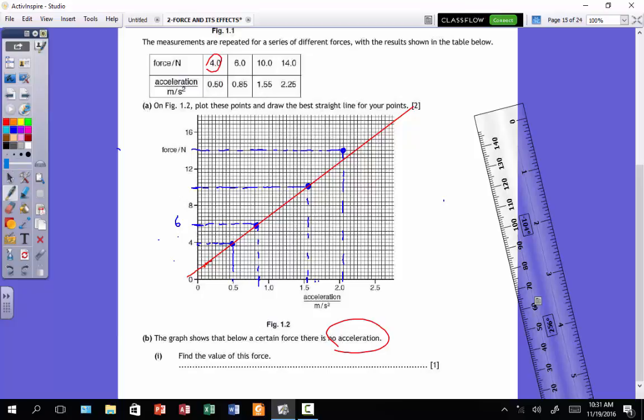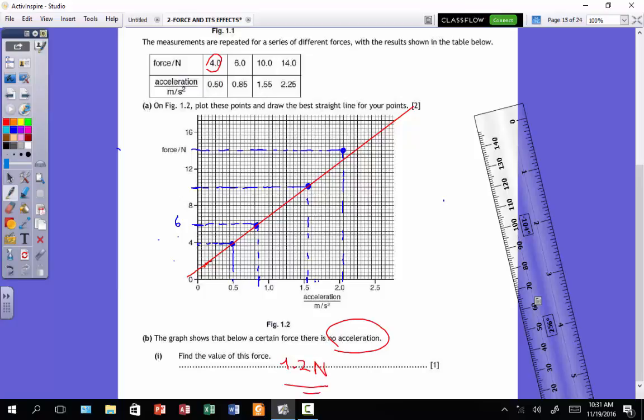And to find out this, what is this point? This point should be 1, 2, 3, and make 4, which means that point is around 1.2, isn't it? At past 1, which means 1.2 Newton.